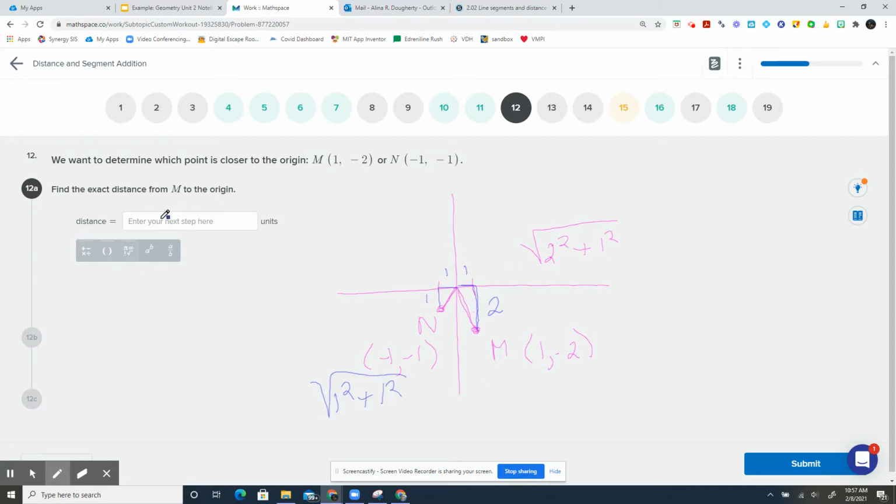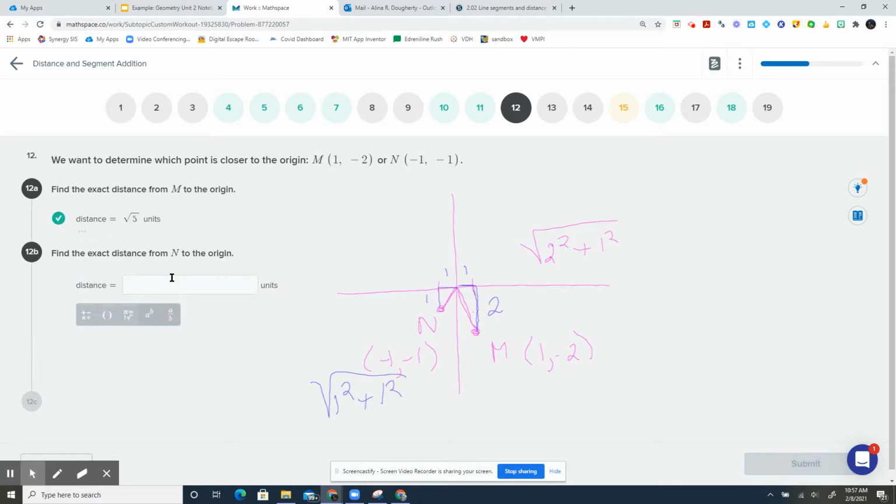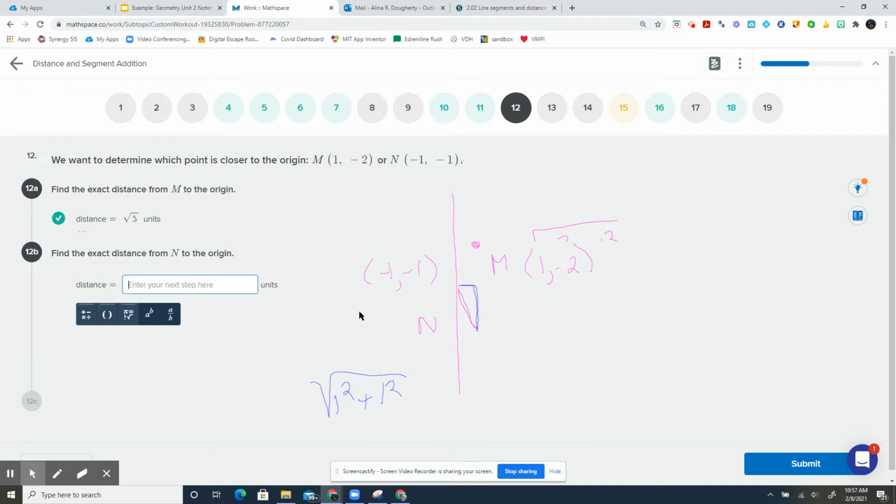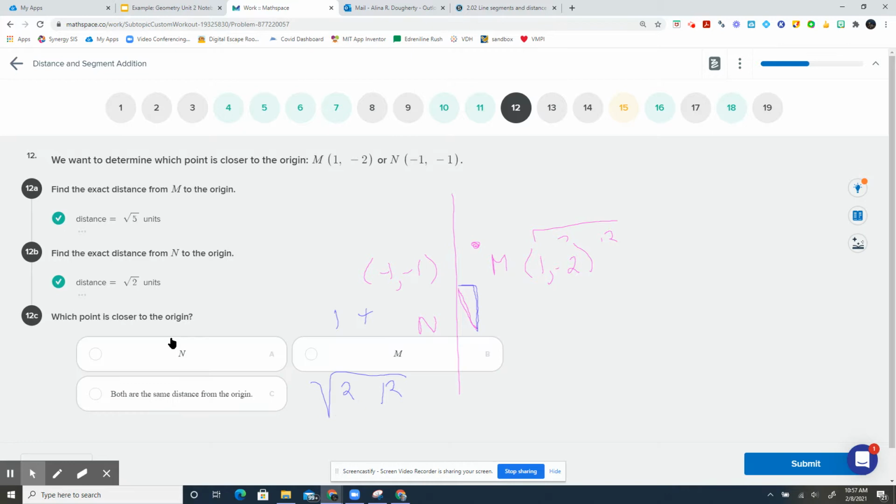So the distance from M is going to be the square root of 5. And hopefully yours are different numbers than mine. And then the exact distance from N to the origin is going to be that 1 squared plus 1 squared, so the square root of 2. And which point is closer? N was closer than M.